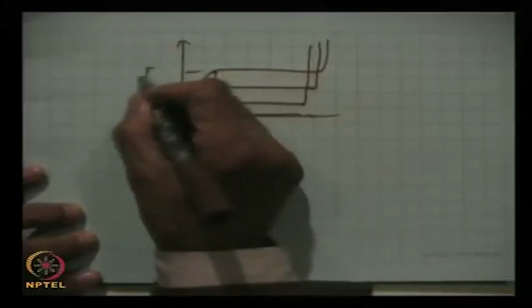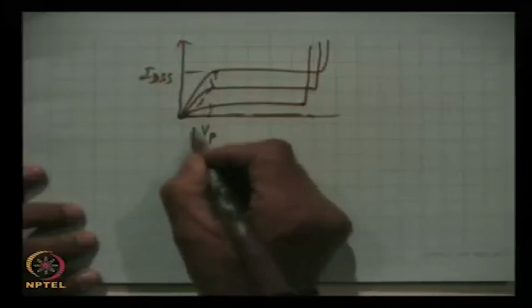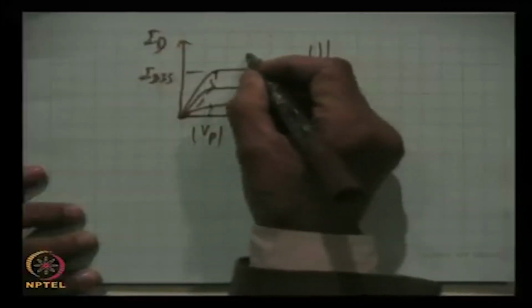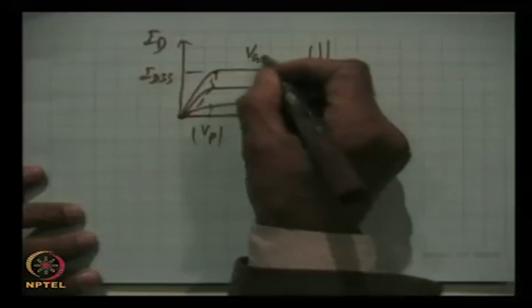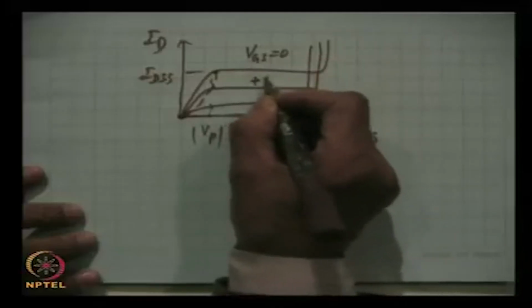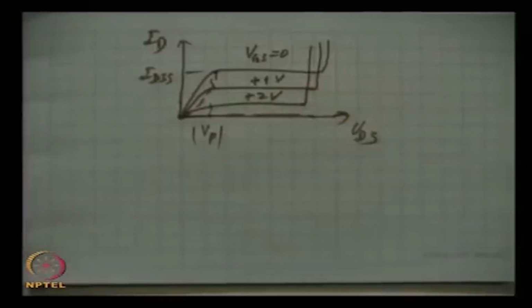This is IDSS, this is VP, this is VDS, and this is ID, and this is VGS, gate source voltage 0. Now, here the difference is plus 1 volt, plus 2 volt, and so on. So, everything is the same, but obviously the mobility of electrons is higher.